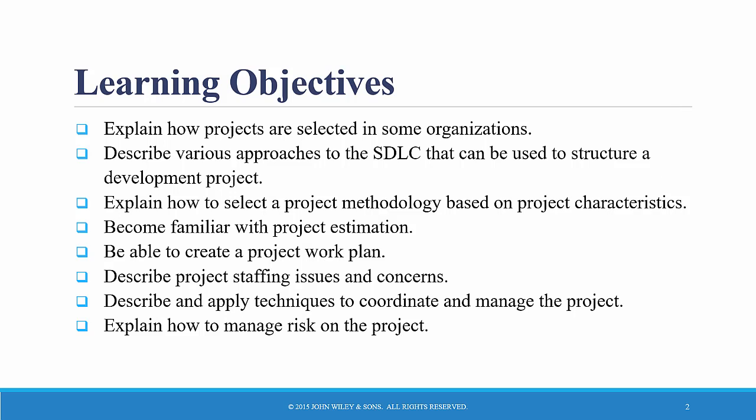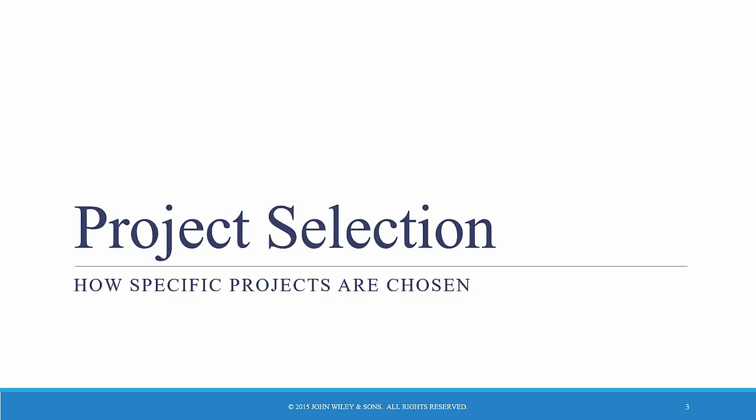Most IT departments have a demand for IT projects that far exceeds the department's ability to actually tackle them. Historically, IT departments have tended to select projects by ad hoc methods: first in, first out, political clout, or the so-called squeaky wheel getting the grease syndrome.